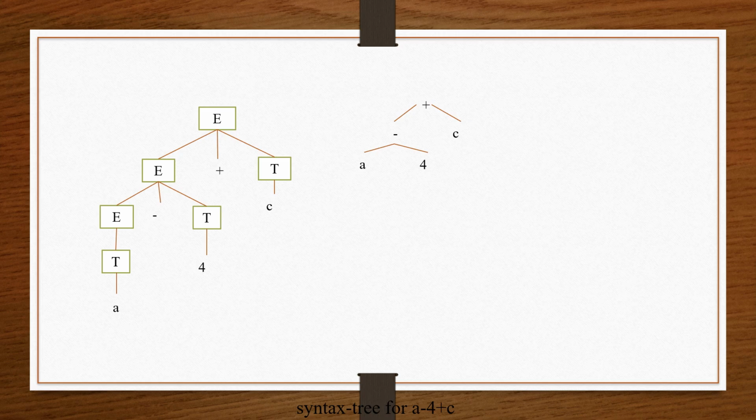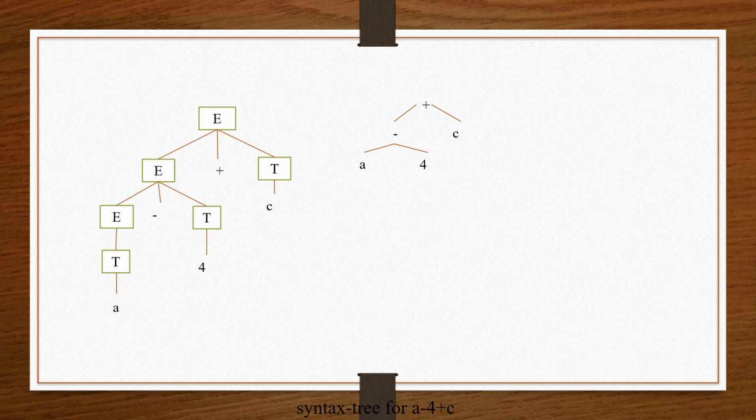Look at this. This is called the abstract syntax tree. We don't have as many nodes here, but it is the same tree, and the meaning is the same. So a minus 4, and the result is plus with c. Now look at the syntax tree. What we are doing is bottom-up parsing.